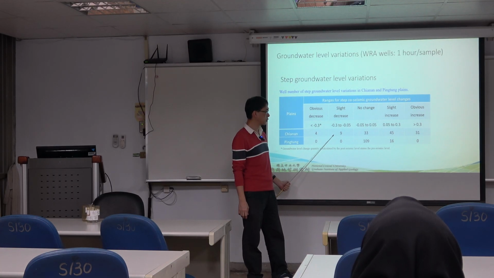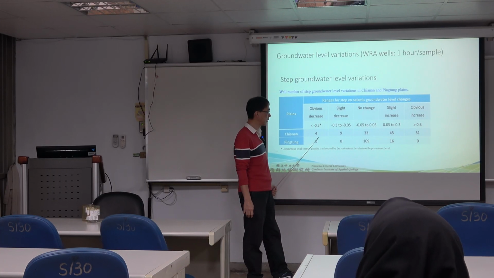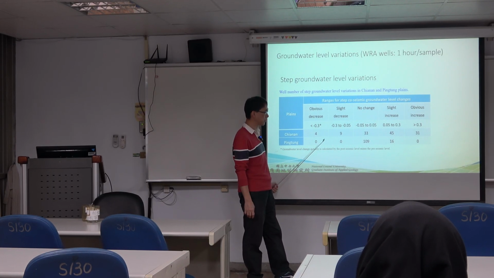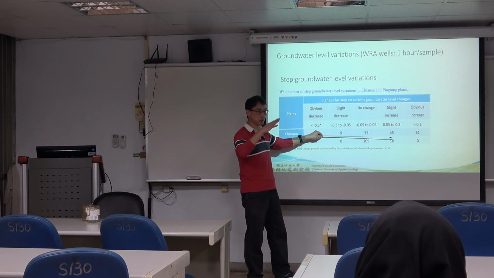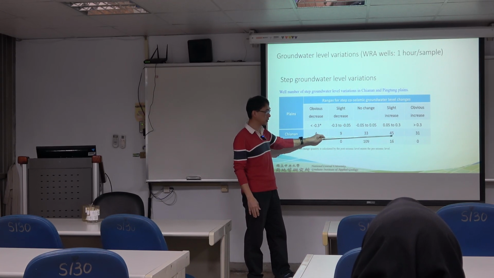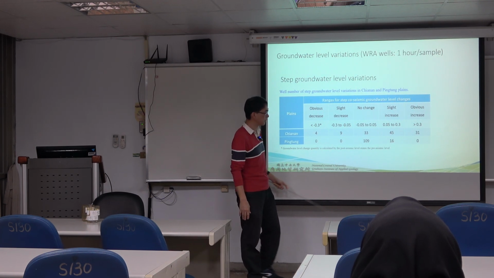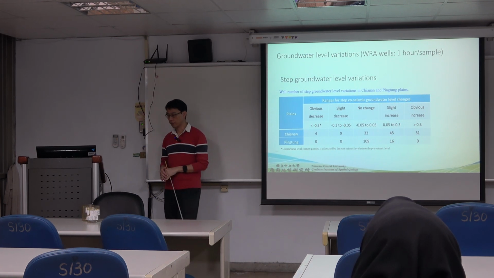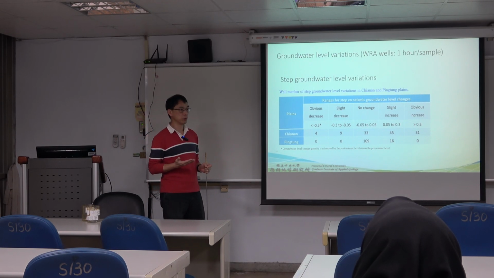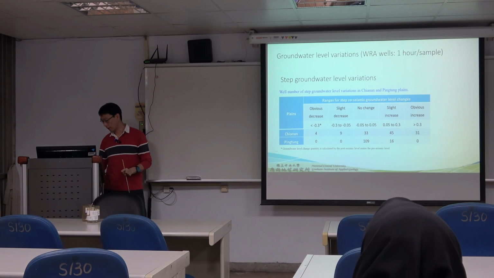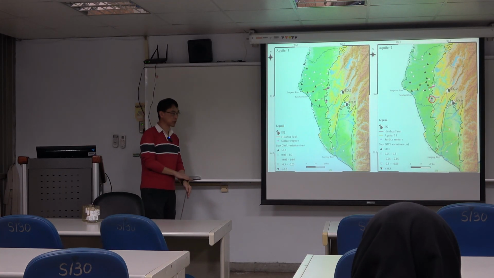And for decrease, slight decrease is 9, and obvious decrease is 4. So we can see that Jiangnan Plain has more response to the earthquake in the groundwater system, but the Pingtung Plain does not. So that's the first point; from our hydrogeological point of view, we already expected this kind of result. So hydrogeology largely affects the groundwater response, okay.